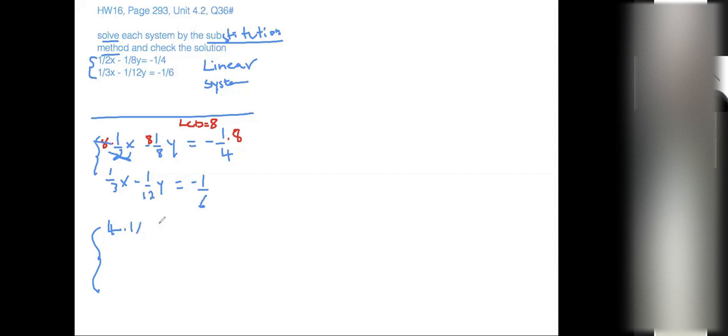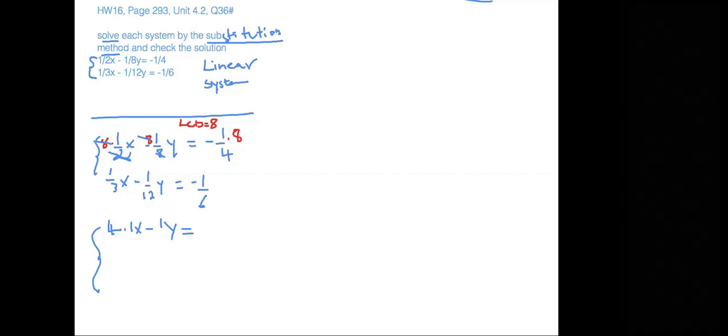Good. Next one, same thing. What do you do? 8 divided by 8 is 1. So the 8s cancel out, y, 1 y. What about the third one? 8 divided by 4 is 2. Multiply, right? Negative 1 times 2, and times 1. That's right. All these fractions are gone.